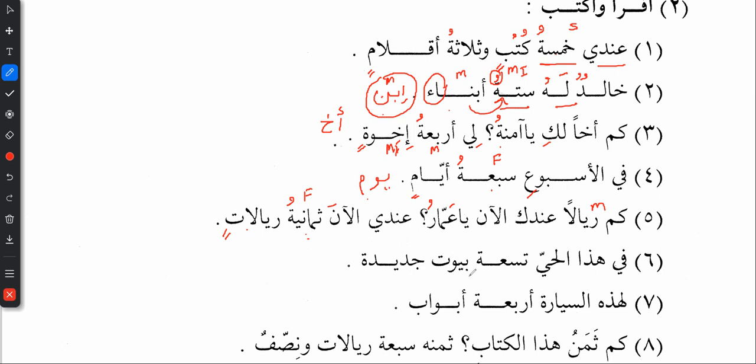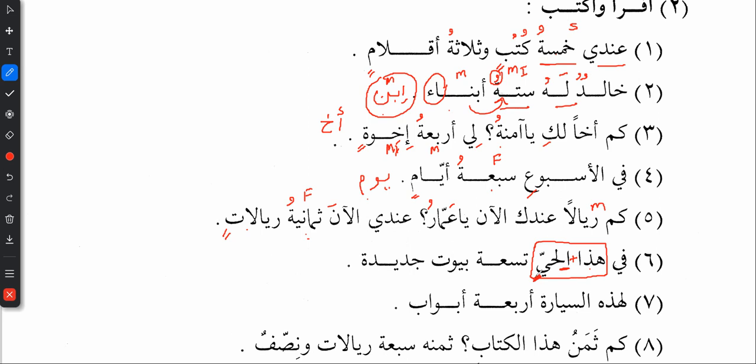Fi hadha al-hayy. Now hadha al-hayy is a compound word. Whenever you have a modifier noun with ism al-ishara, it becomes one word, a compound word. So when you see fi, harf jar, and you want to put the haraka, you should not put harakas on hadha, but on the noun after.